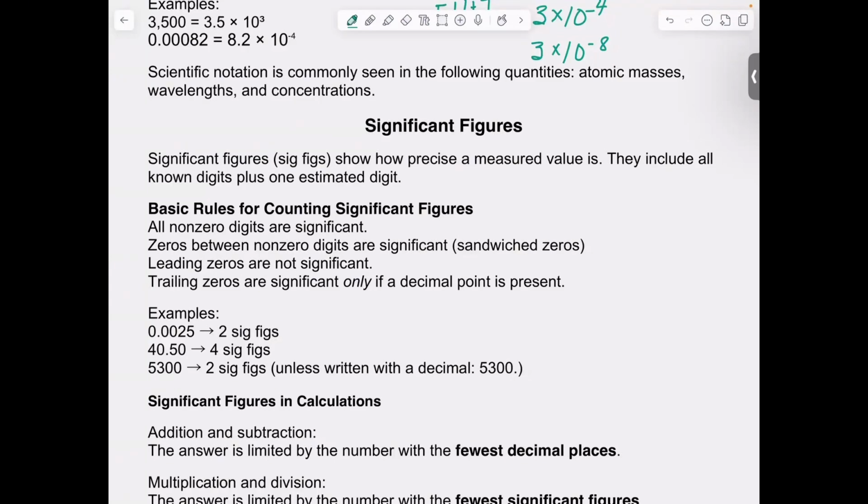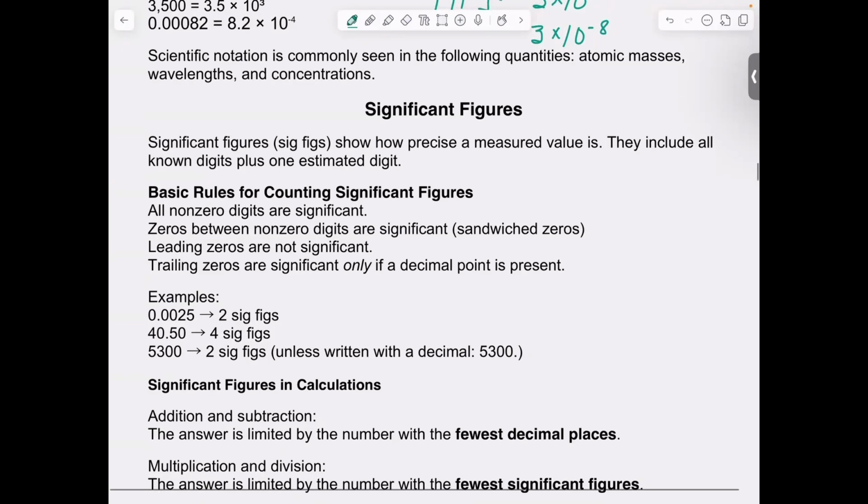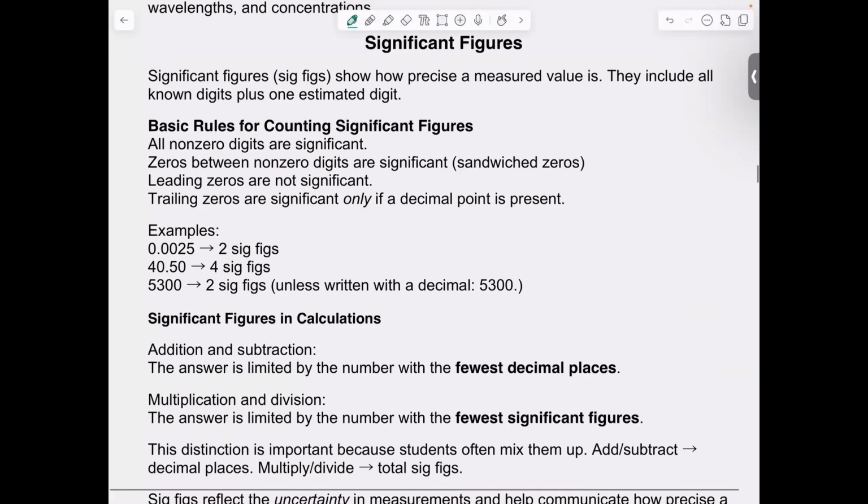Are you applying the right rules when you add, subtract, multiply, and divide, and so on? So from a lecture standpoint, you'll probably only be asked, okay, if I give you a number, can you tell me how many significant figures are there in this particular number? Or here's maybe a standard calculation, report that final answer in the correct number of significant figures. So we'll go over that real quick, and then we'll be on to the next section.